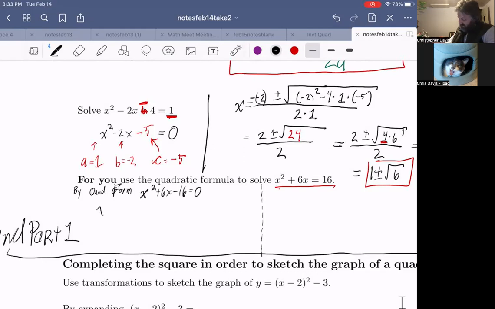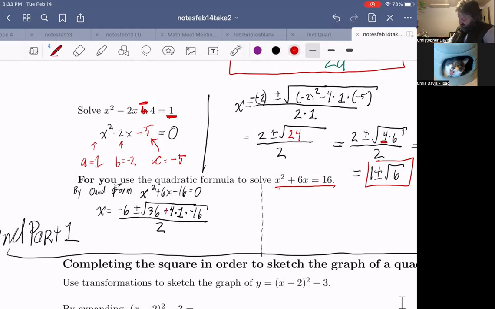So that'll give us x equals negative b plus or minus the square root of b squared, so that'll be 6 squared, also known as 36, minus 4 times a times c, negative 16, all over 2a. Cool, cool. So far, so good? Let's evaluate it.